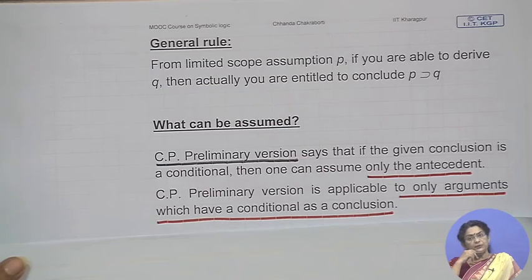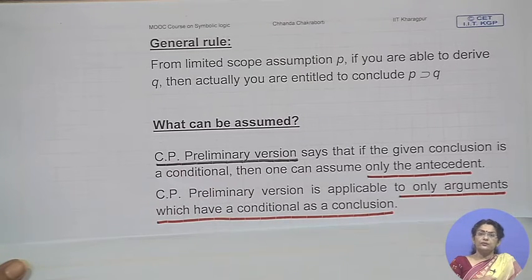Therefore, the preliminary version has a certain limitation of application. It applies to only those arguments which have conclusions which are conditionals. So, if your conclusion is of the type P wedge Q or P and Q, then this version of CP will not even be applicable, fine. And you have found the answer. What can be assumed?